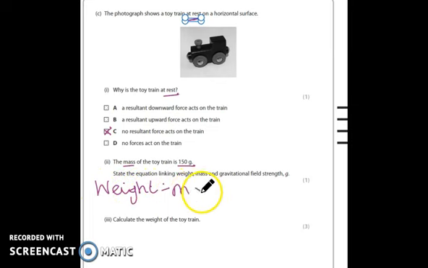equals mass, multiplied by gravitational field strength.